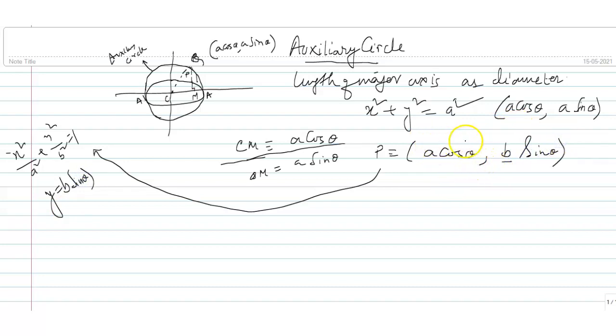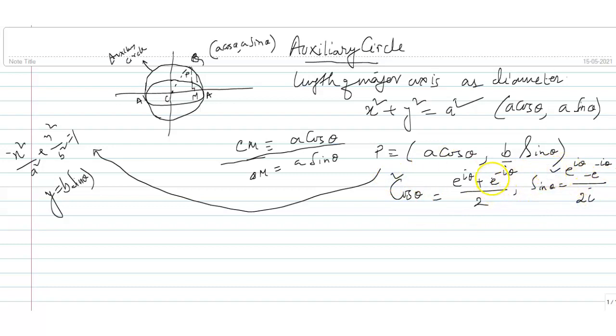Clear? And in some cases you may find that cos theta is written in the form e to the power i theta plus e to the power minus i theta over 2, and sin theta is also written in the form e to the power i theta minus e to the power minus i theta over 2i. In this form also it is written.